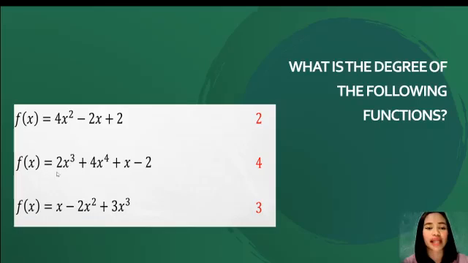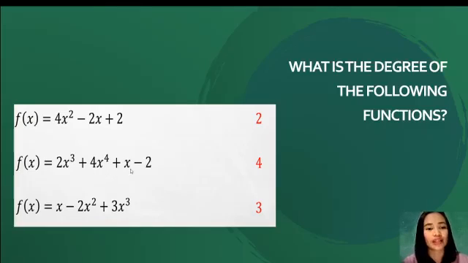Therefore, in standard form, f of x equals 4x to the 4th plus 2x cubed plus x minus 2. The highest exponent in here is 4. Therefore, the degree of this polynomial function is 4.